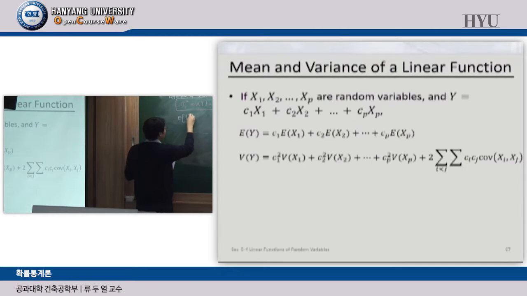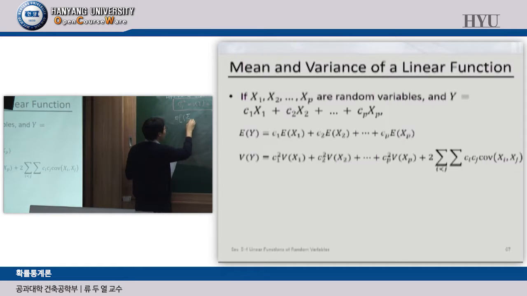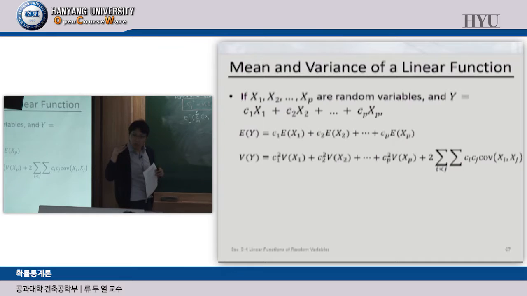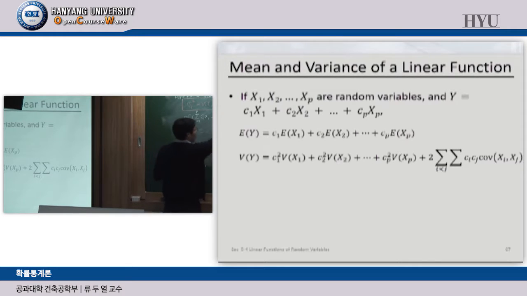Y is the summation of i from 1 to p of Ci Xi, because Y is equal to C1 x1 plus C2 x2 and so on. That is Y. Minus, what about mu Y?